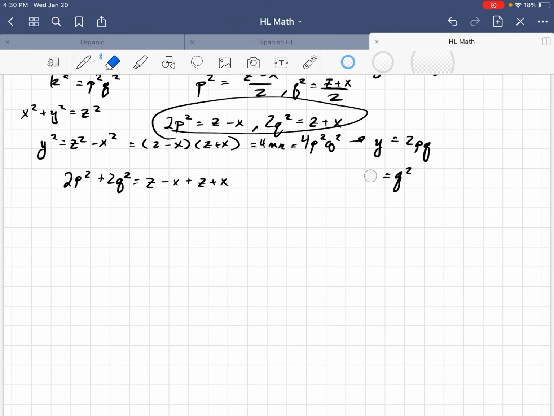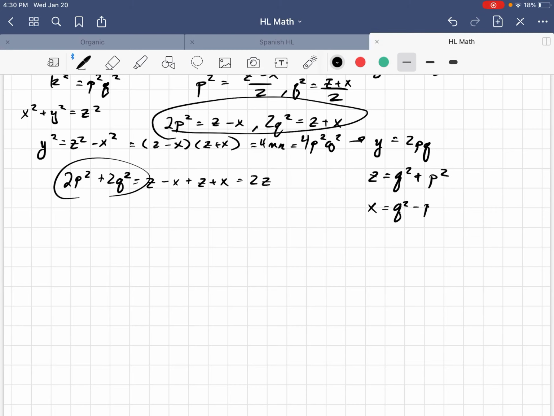So this is 2z. So 2p squared plus 2q squared is 2z. So then z is equal to q squared plus p squared. I added them together, and then I'm taking out the factor of 2. So then x is equal to q squared minus p squared. Again, with the GCD of p and q being equal to 1.